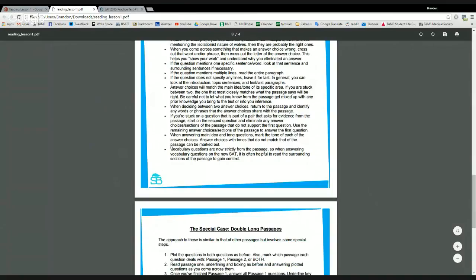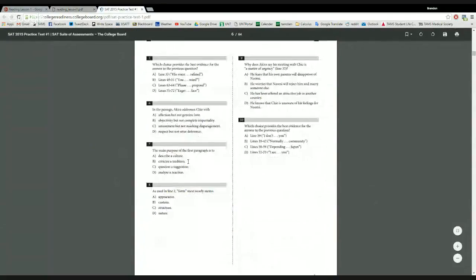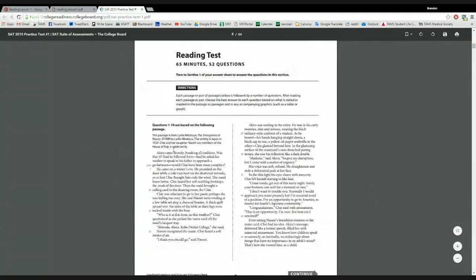Vocab questions are not strictly from the passage, so when answering vocab questions on the new SAT, it is often helpful to read the surrounding sections of the passage to gain context. Here we have a vocab question: as used in line 2, form really means. So you want to again read in context.